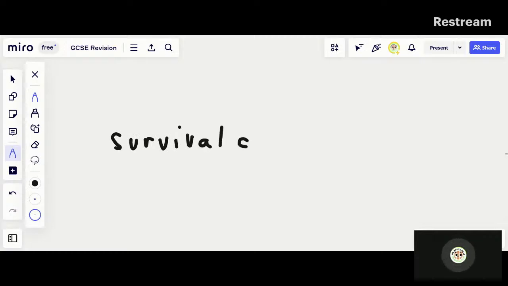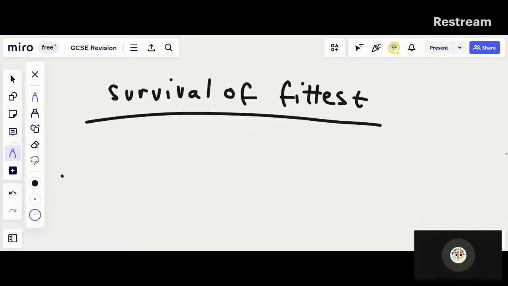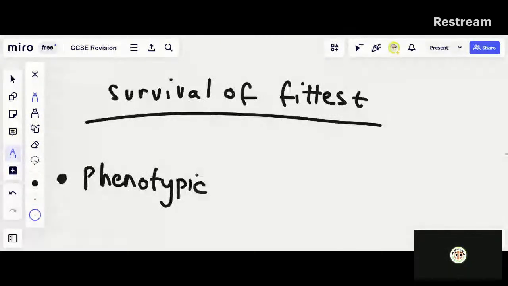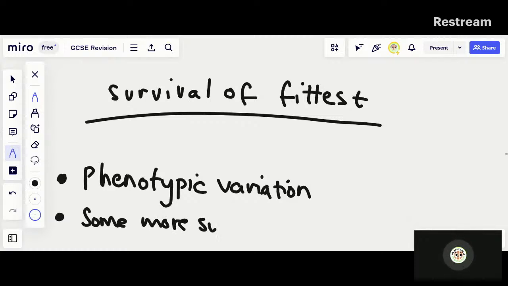So, survival of the fittest is this idea that, firstly, animals have phenotype, and because they have phenotypic variation, that means that some will be more suitable competitors than others.